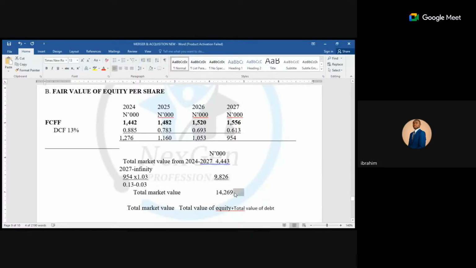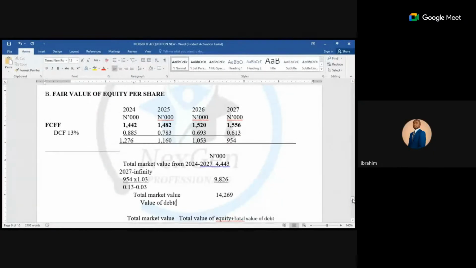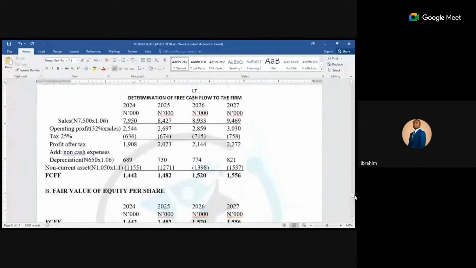So therefore, value of debt. What is the market value of debt of the main company? 40%.